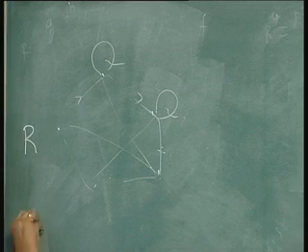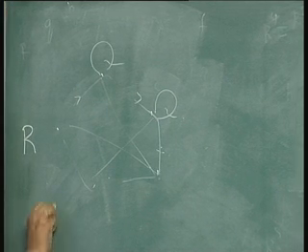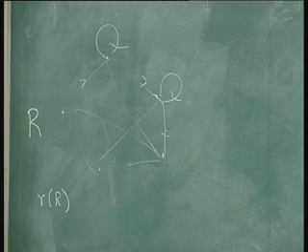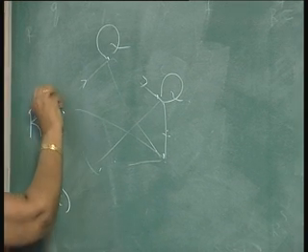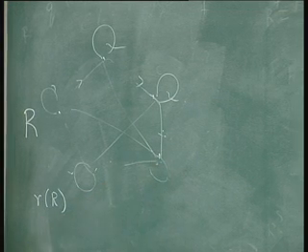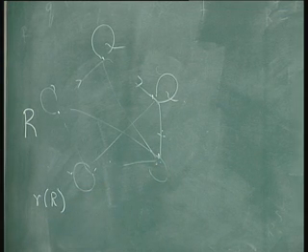Now, the reflexive closure of R is the smallest reflexive relation containing R. That means you should add self loops wherever they are not there, so that it becomes reflexive.